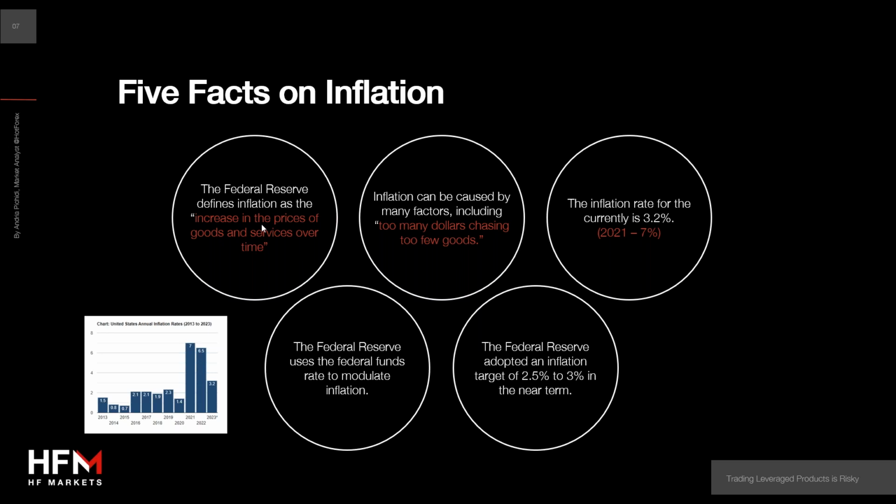Second fact, inflation can be caused by many factors, including too many dollars chasing too few goods. What do we mean by that? Inflation, as we explained earlier, can occur when there is too much aggregate demand in the economy, which is often a consequence of a strong economy and low unemployment.